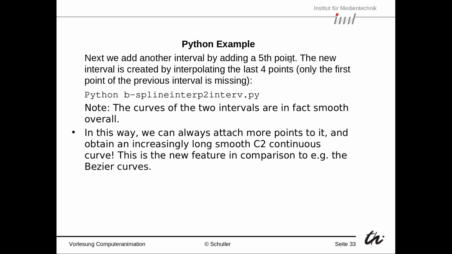Now we get 2 interpolated curves, one for the first 4 points, and then the next interpolated curve for the next 4 points, and there's an overlap of 3 points between them. The new interval is created by interpolating the last 4 points. Only the first point of the previous interval is missing. So we can take a look at it.